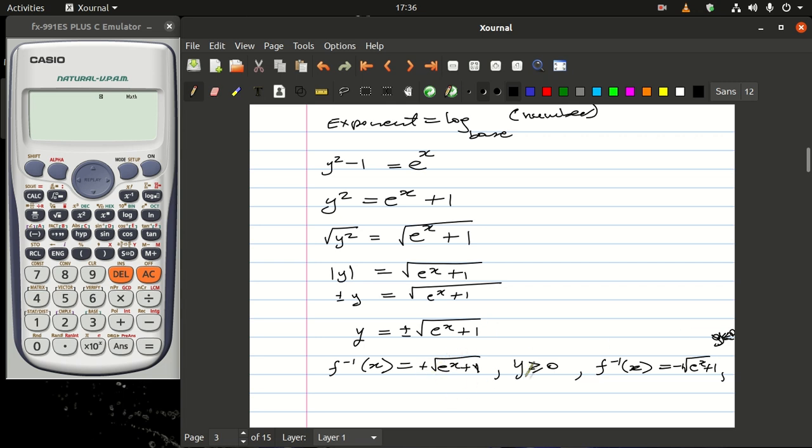But I don't really care about these two. What I care about is when will this square root be defined, or the domain of this if it was a function.